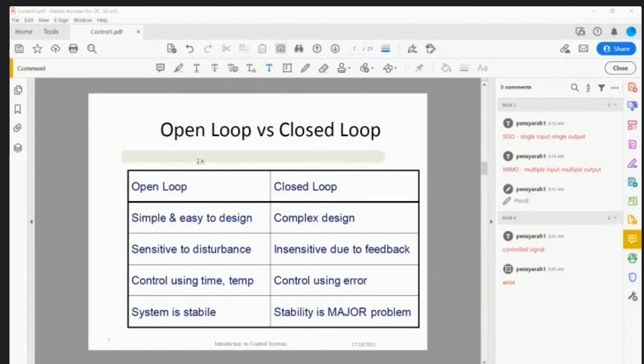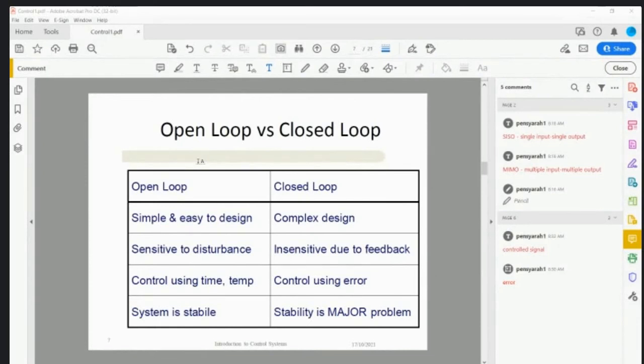The system just keeps doing the function that has been designed for it, without knowing there is a disturbance, so the performance will deteriorate due to the disturbance.